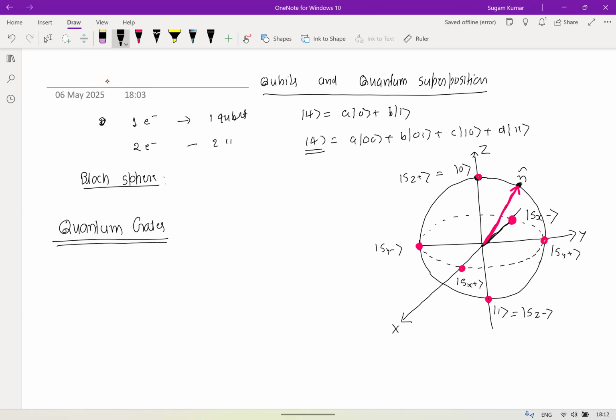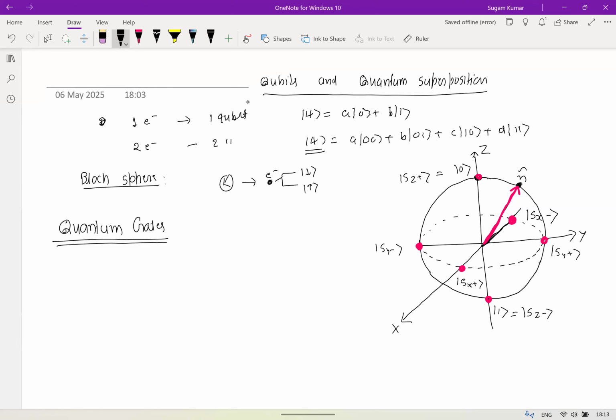If you look back, in the classical computer you have a transistor, and the analogy here is electrons in two states, spin down and spin up.